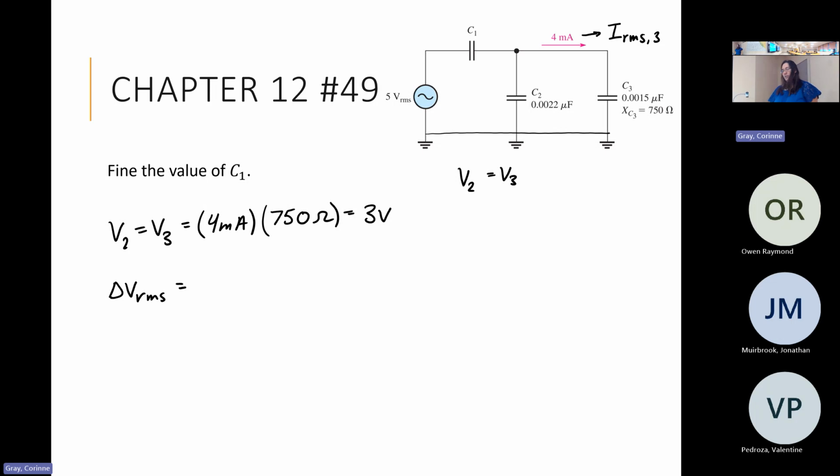If I go around the circuit, starting here, what would I do with the 5, add or subtract? 5 minus whatever the value is for C1, minus the value for C3, which we just solved for is 3, equals 0. So what is 5 minus 3?